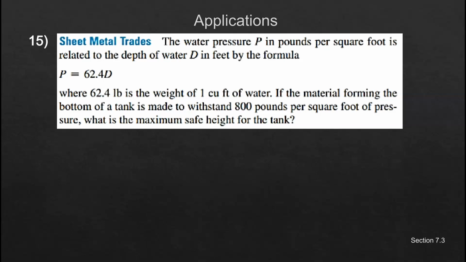Okay, so this is our P, and then we're going to just substitute that in for P, and 62.4 D. So once again, we are dividing to solve by 62.4 in this case.